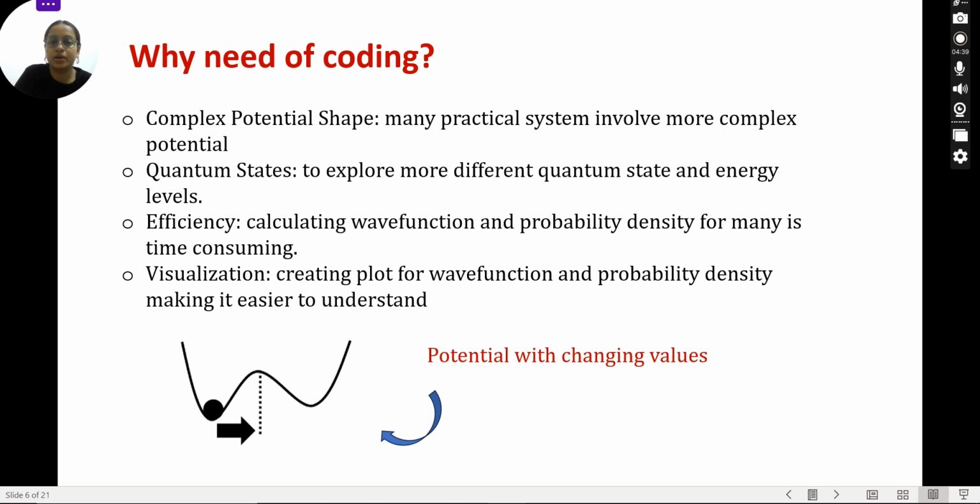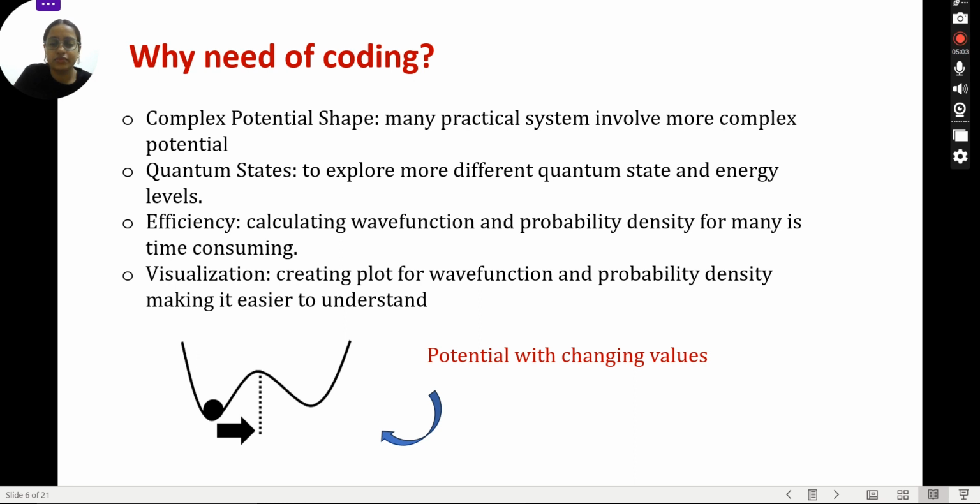We can go up to 10, but beyond that it won't be possible. The third is efficiency. Calculating the wave function and probability will be very time consuming, so efficiency is also required to be good.